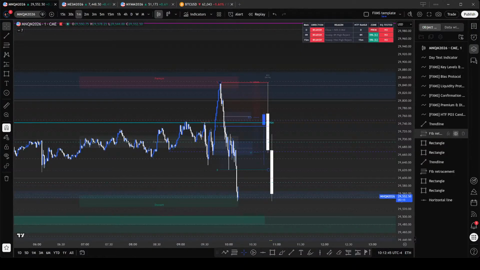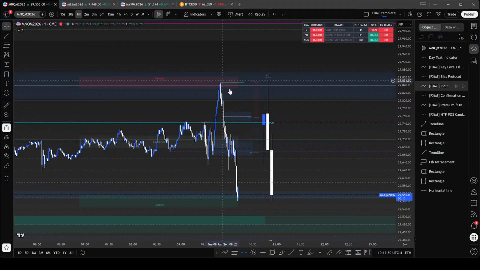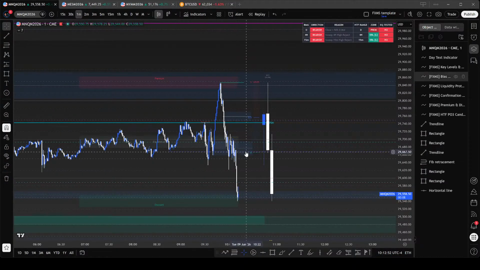Okay, this range is no longer valid. We do have the confirmation now. That's a nice sweep of the level. All right, see if we can come back and give us a retest entry.